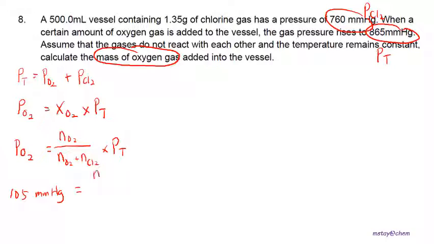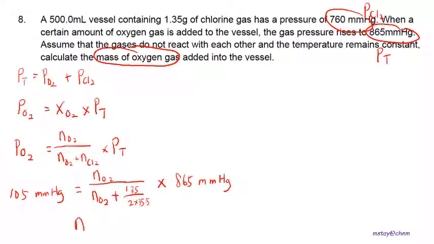The number of moles of oxygen we have no idea yet, so we keep it as unknown. But the number of moles of chlorine will be 1.35 gram over 2 times 35.5, and then multiply with the total pressure, which is 865 millimeter mercury. So one formula only has one unknown.